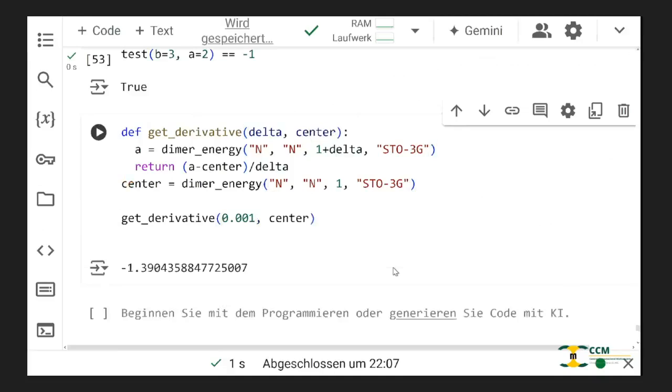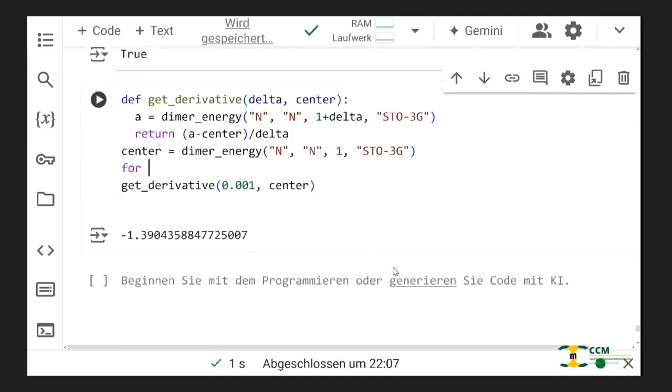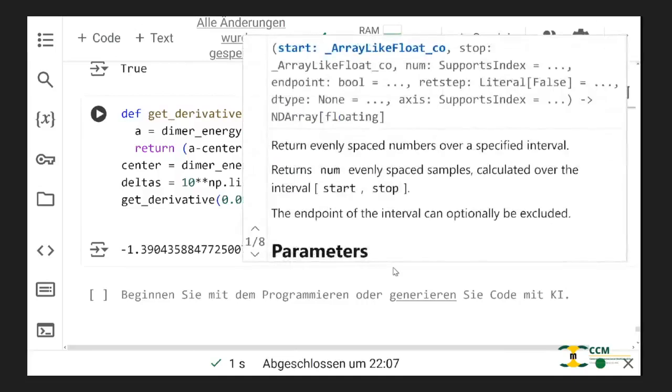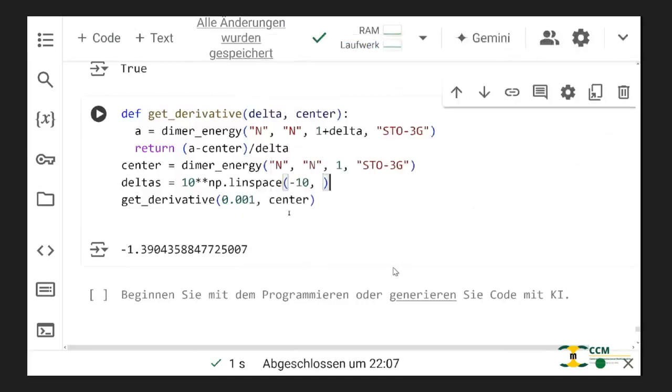So we can say, let's do different displacements, deltas, going from minus 10 to 0, minus 20.